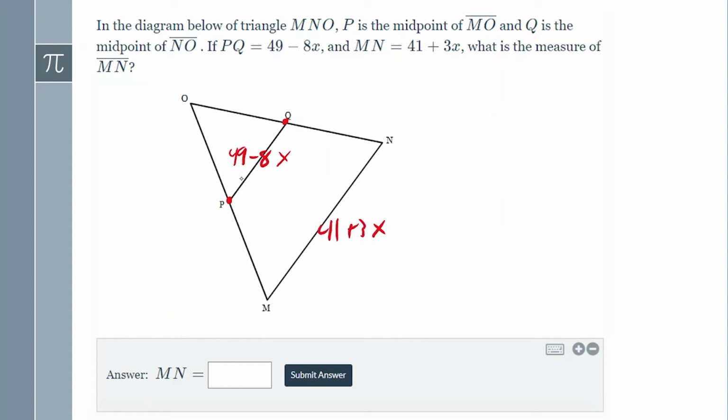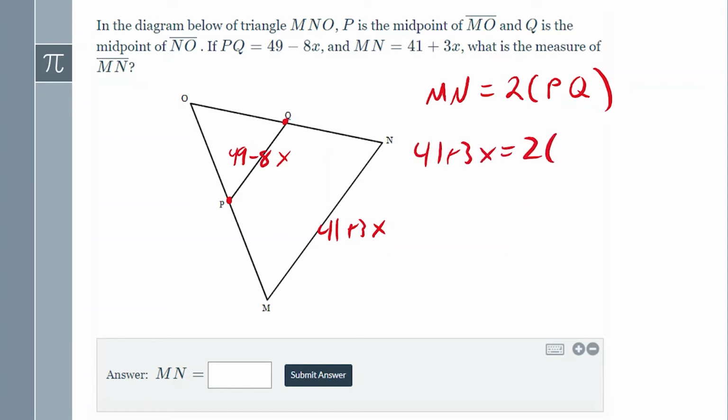Now remember, the midsegment is half of the third side, or the third side is double the midsegment. So we can say that the third side, MN, is double the length of the midsegment. Okay, so we can write this now. We can substitute in these expressions for each length. MN is double the length of PQ.